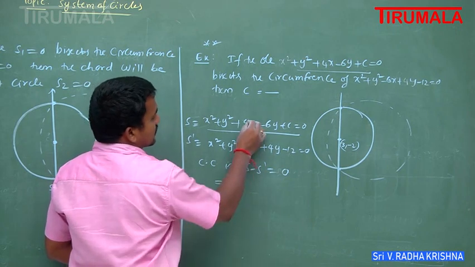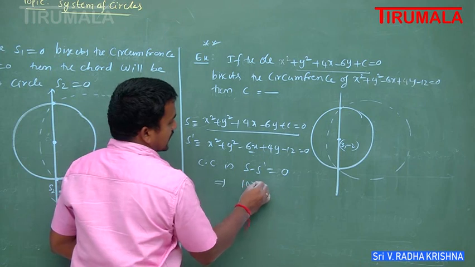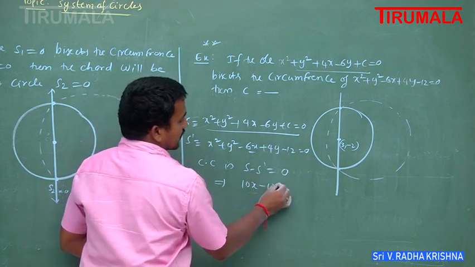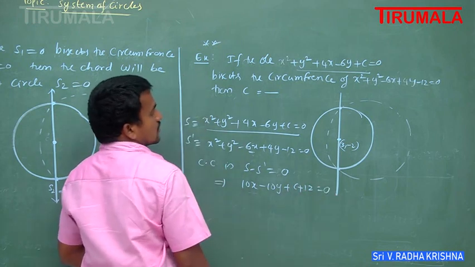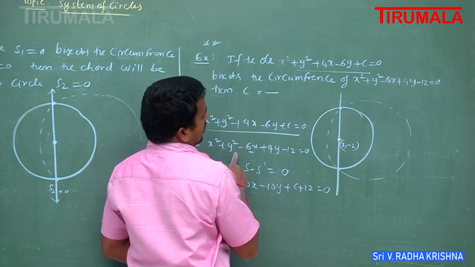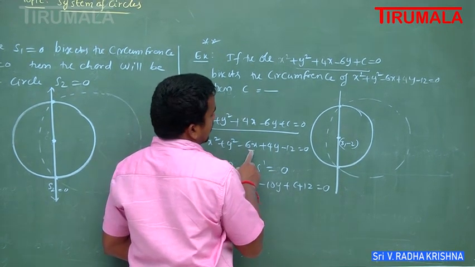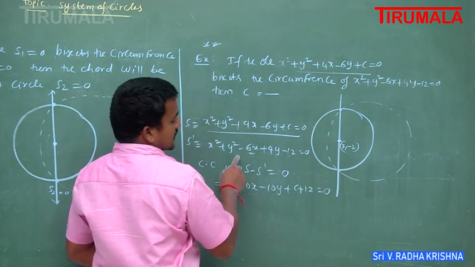So S minus S dash means 10x minus 10y plus c plus 12 is equal to 0. Since this circle bisects the circumference of this circle, the center of this circle lies on the common chord, and that common chord is the diameter of the second circle.